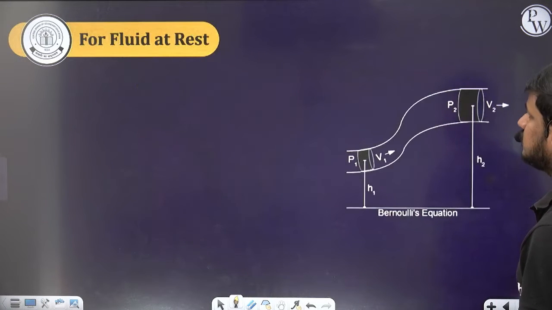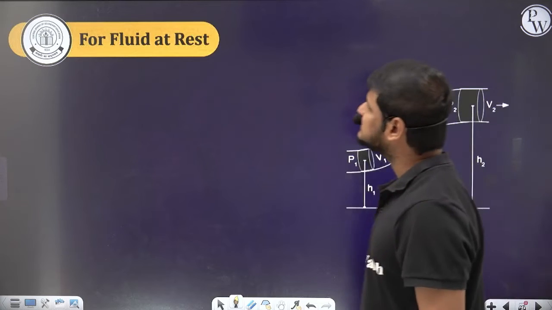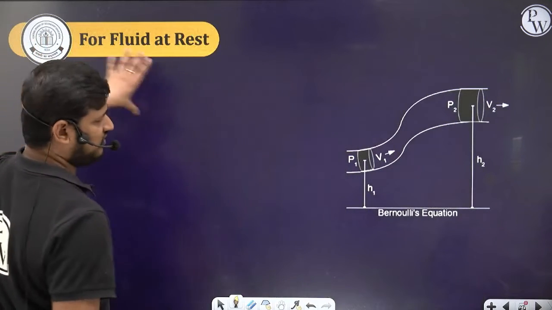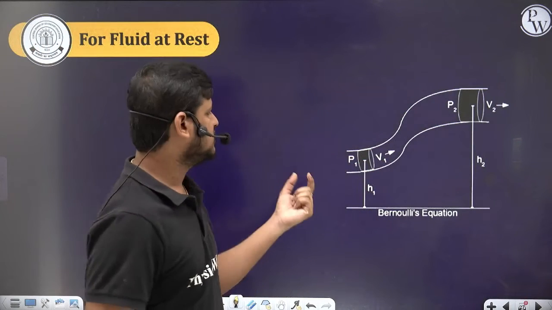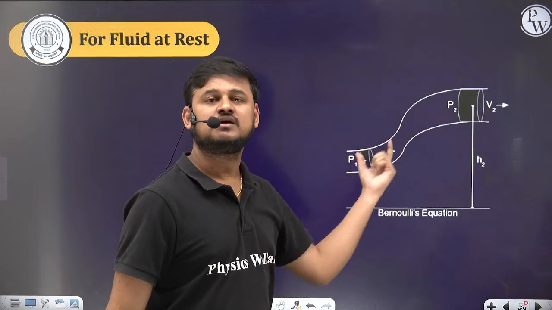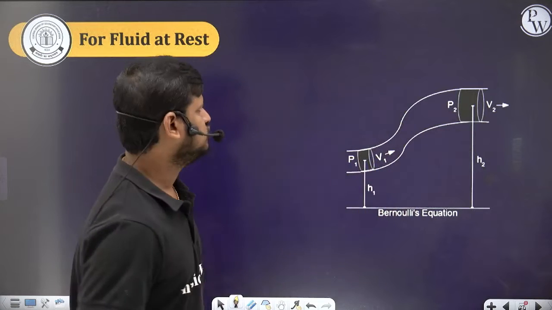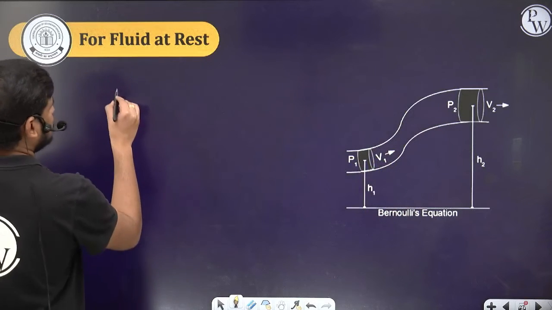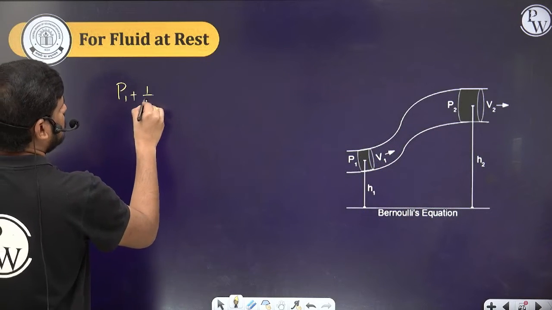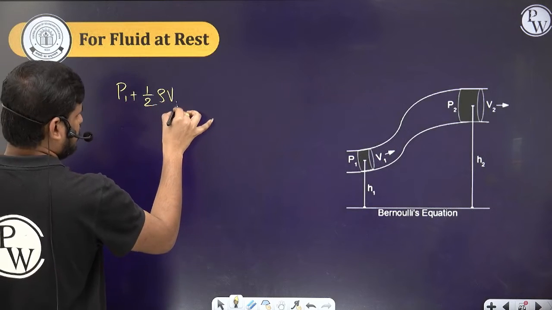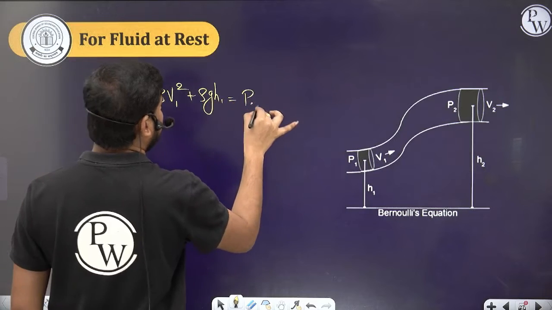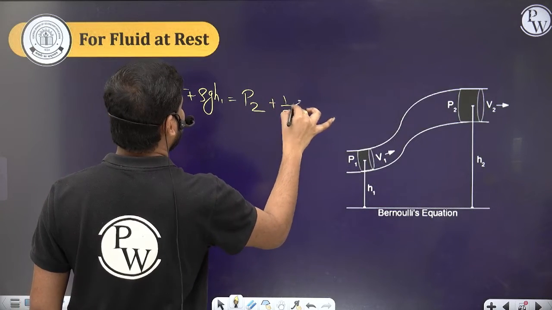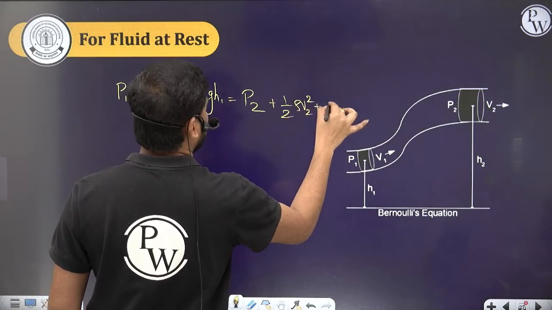Now if the fluid is at rest, what does it mean for the fluid to be at rest? The velocity is going to be 0. Yes or no? Then what formula can we write here? P1 plus half rho V1 square plus rho g h1 is equal to P2 plus half rho V2 square plus rho g h2.